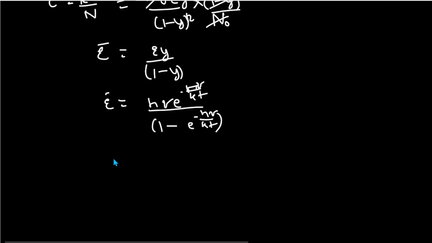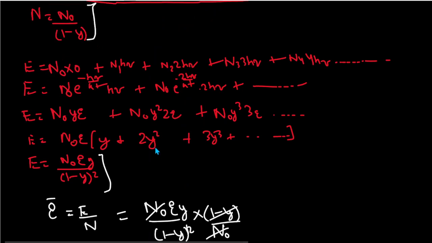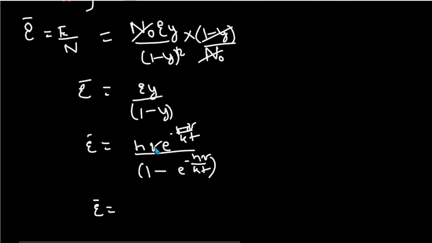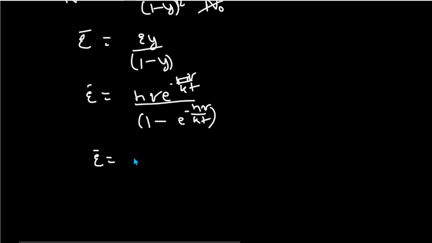If I take e to the power negative h mu upon kT to the denominator side, because there is a negative sign, this expression can be written as h mu divided by e to the power h mu divided by kT minus 1, since the other terms correspond to e to the power 0, which is equal to 1.